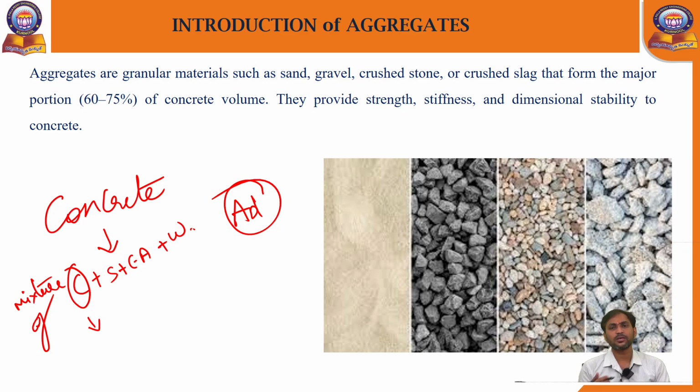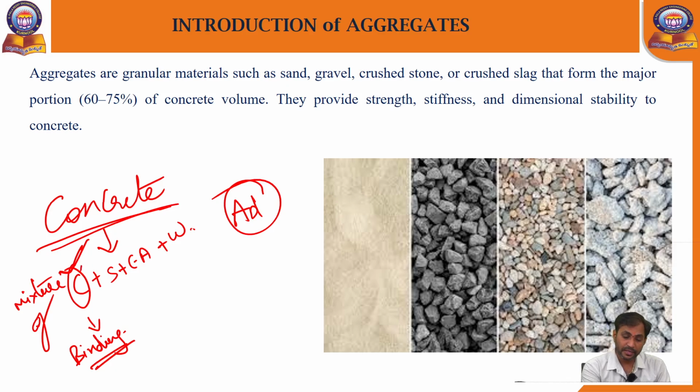Where are the aggregates going to be used here? In concrete, cement plays an important role. What type of role? Cement provides the binding nature. How does the binding nature come about? When water is mixed with the cement, reactions develop, and due to those reactions the binding property is provided.